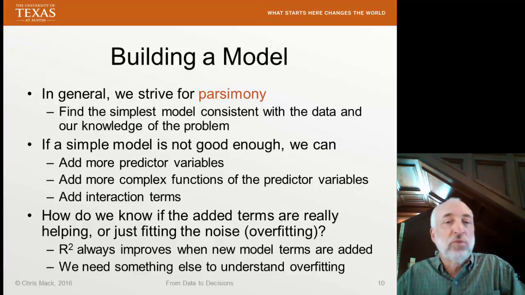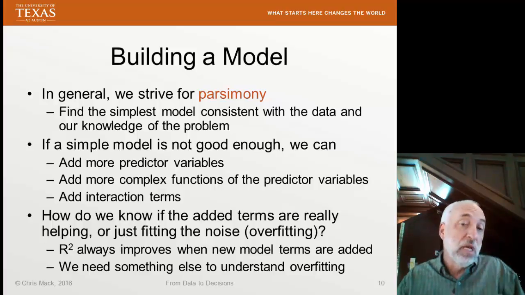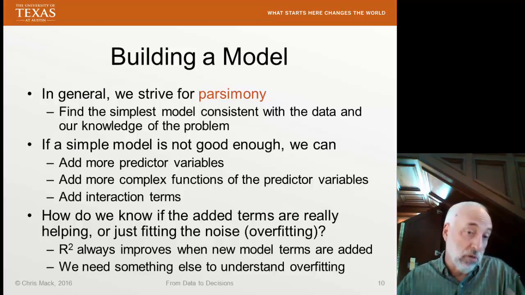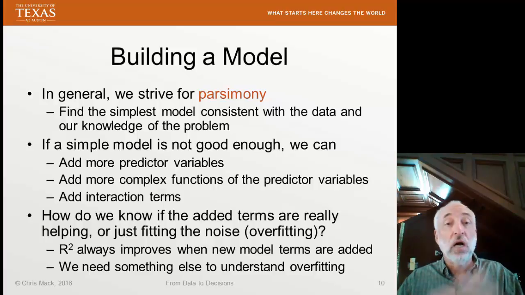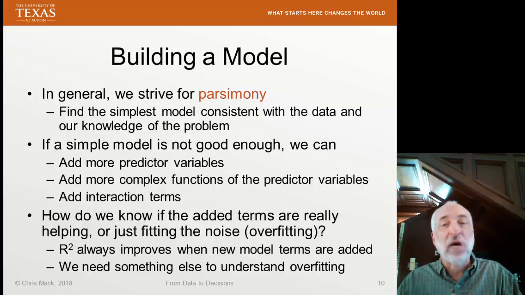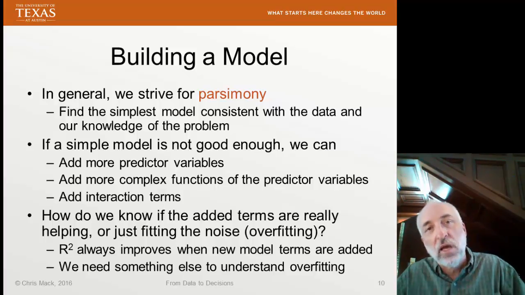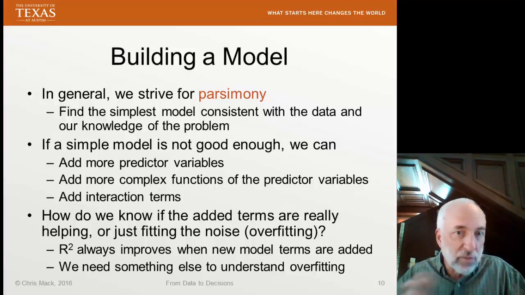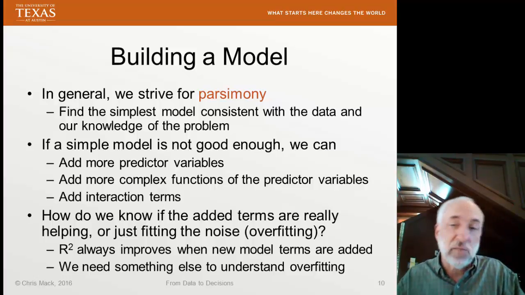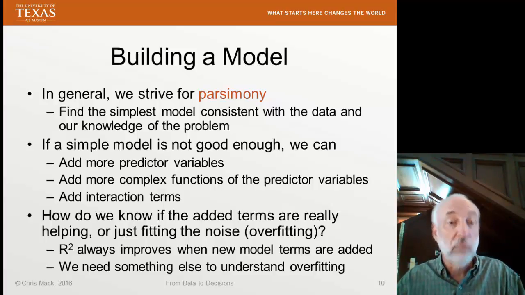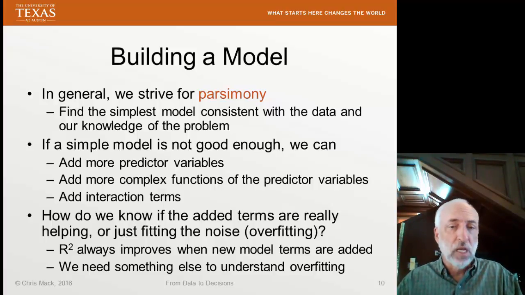How do we know whether the added terms are helping or fitting the noise? We have the R-squared term that we've looked at before, the coefficient of determination, the correlation coefficient squared. Every time you add a new model term, R-squared always improves. So when I'm comparing two models, I can't use R-squared as a way of saying one model is better than another, because unless they have the exact same number of model terms, the one with more model terms in general has a better R-squared.